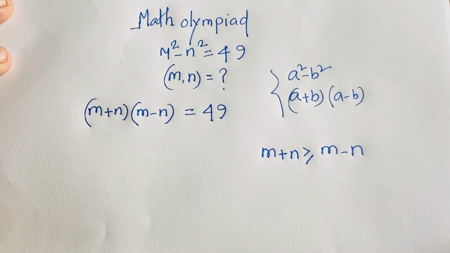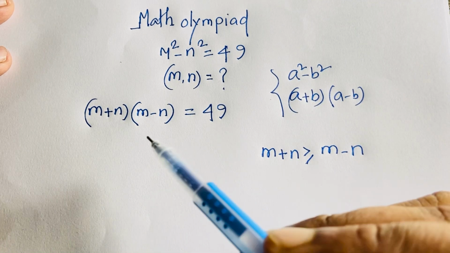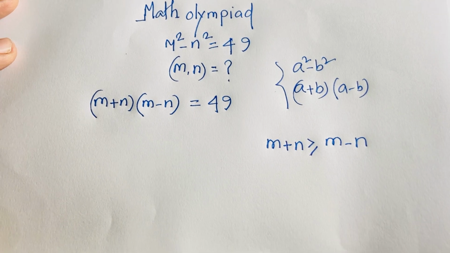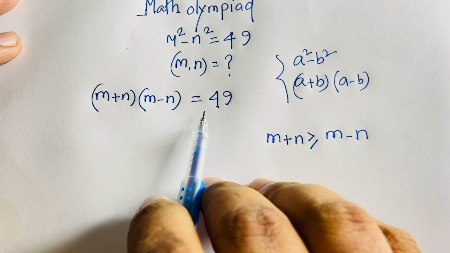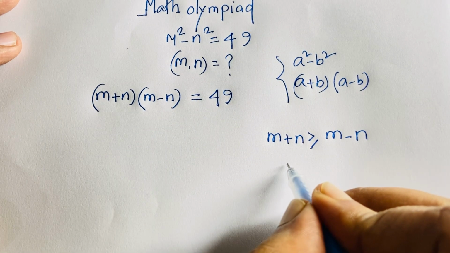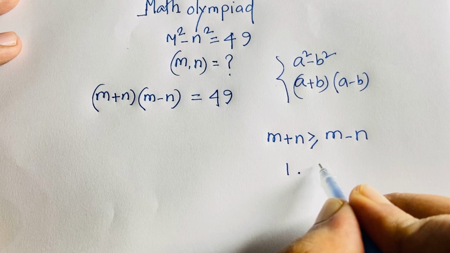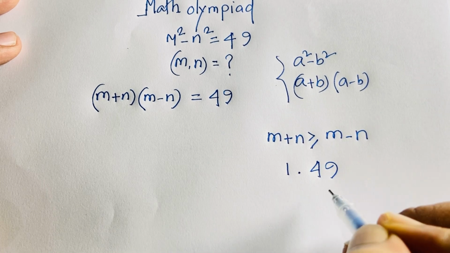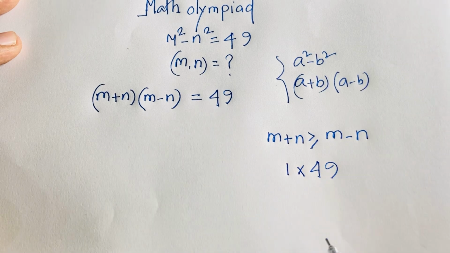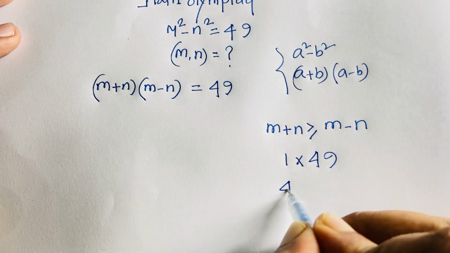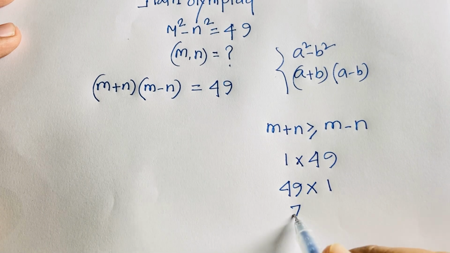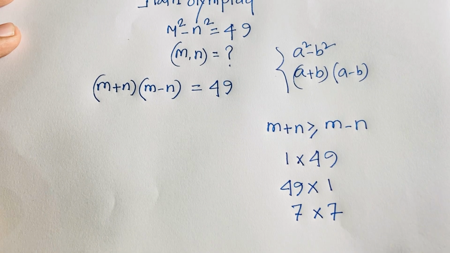Now if I find the factors of 49, I can say it will be 1 times 49, and again 49 times 1, and we know that 7 times 7 is also 49.